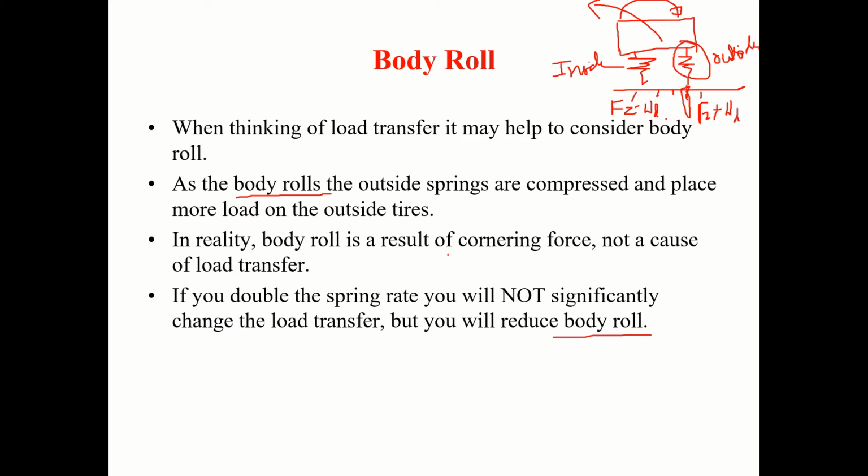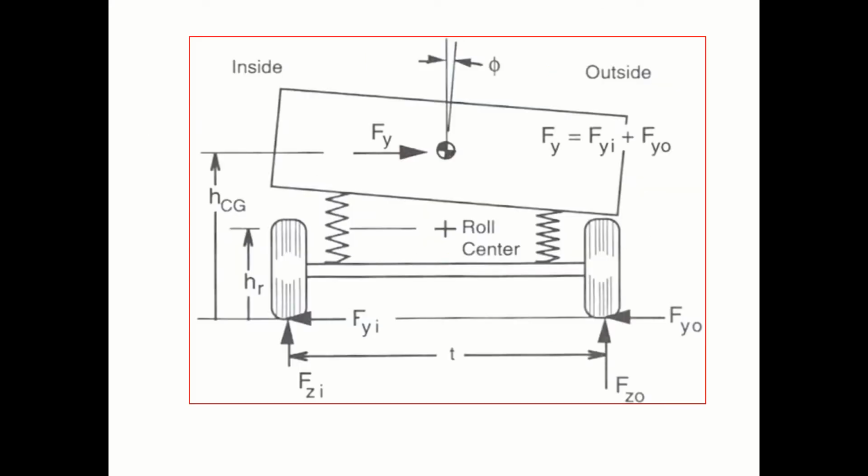So it is a result of cornering force. I have told you what exactly a cornering force is already. So I told you about this, and you are going to get an angle here, from the initial position to now. This is what you call the roll angle. You know that. We have learned about it.